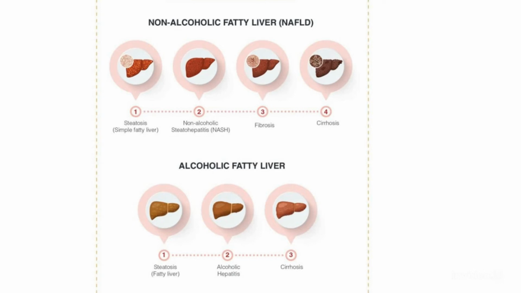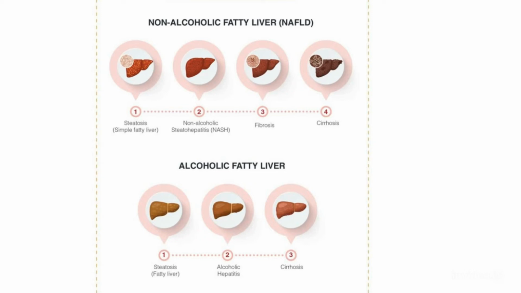Now let's discuss the stages of fatty liver disease. Stages of non-alcoholic fatty liver: there are four main stages. Stage 1, simple fatty liver, is a stage where there is a largely harmless buildup of fat in the liver cells, but not to an extent to cause symptoms to appear.